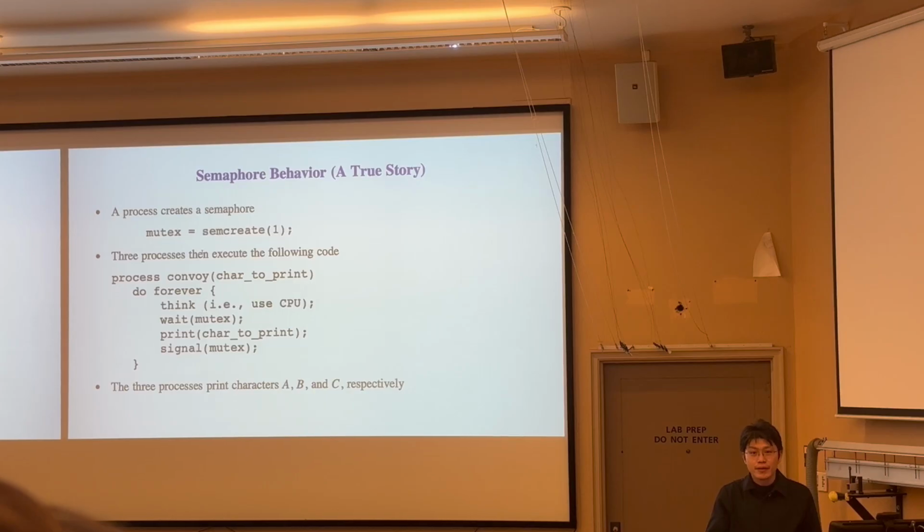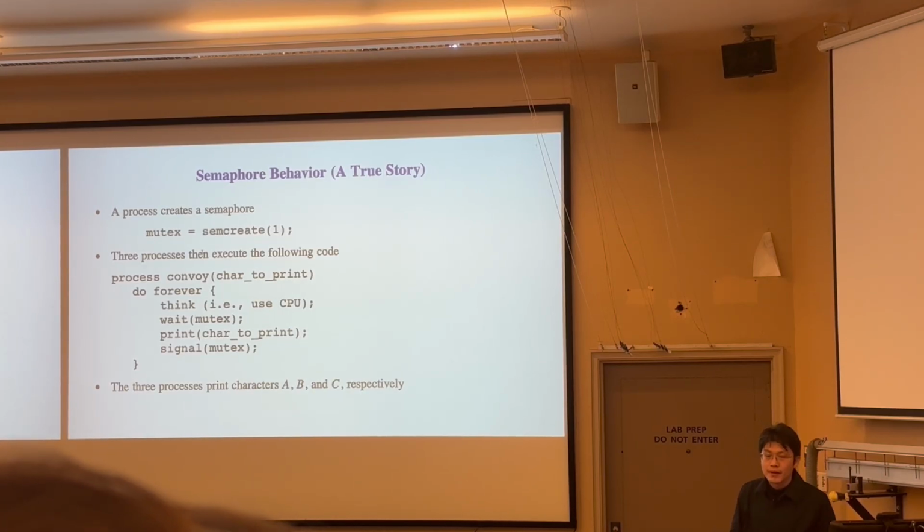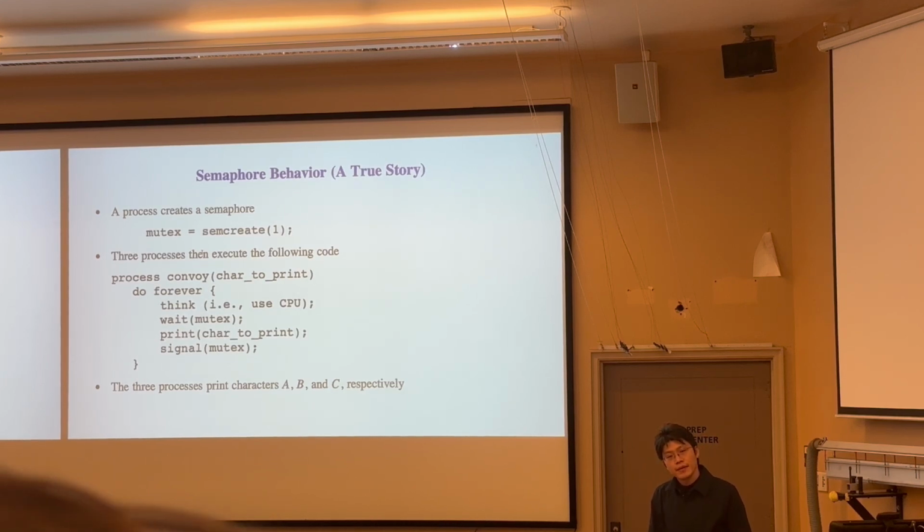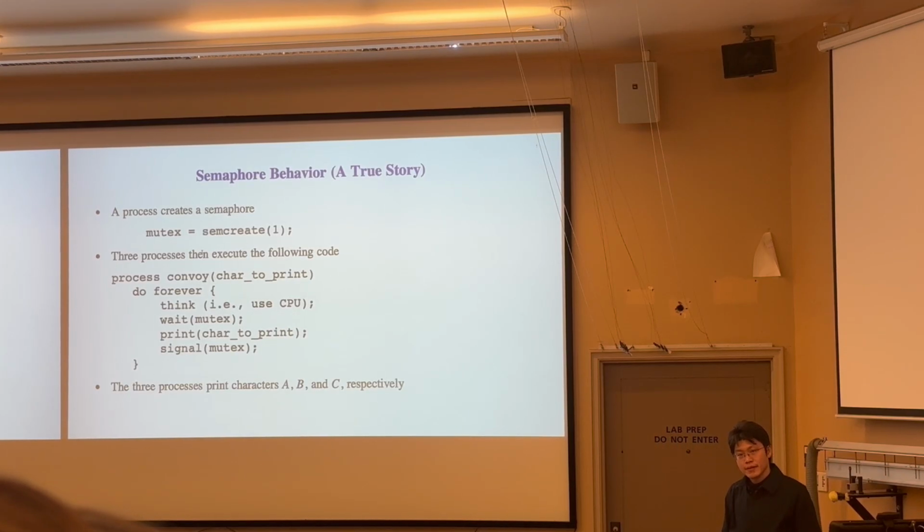I wanted to ask one more question. If let's say A context switches out, causes B to go its way, and C to also go its way, and then A comes back and runs into signal. B is waiting, C is waiting, A hits signal, B runs, B hits signal, C runs.